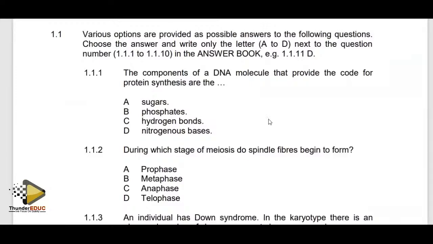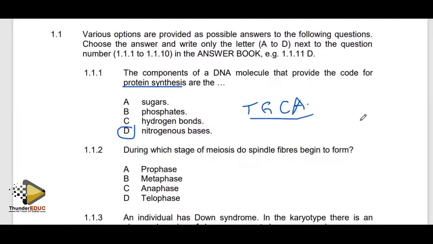We are talking about the thymine, the guanine, the cytosine, and the adenine. These are the nitrogenous bases which are organized together to form a gene. So these are the ones which bring about a protein. So the answer is D.